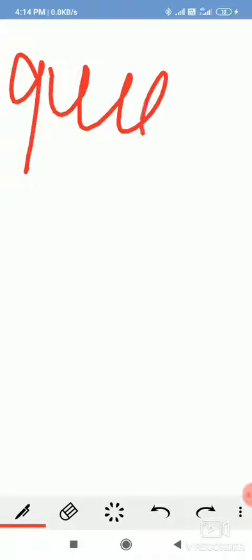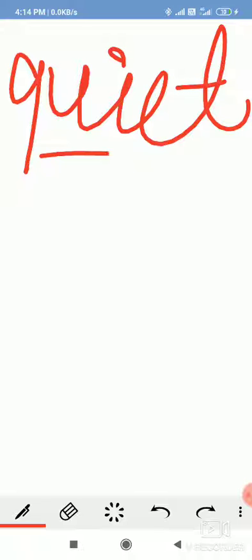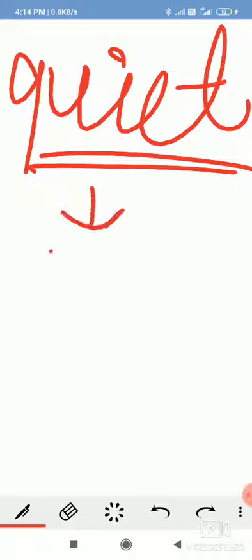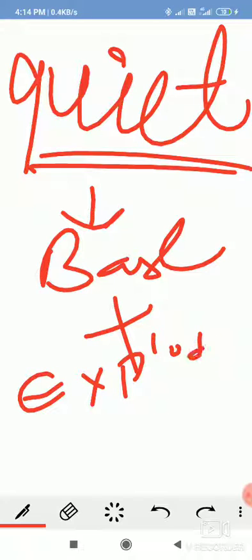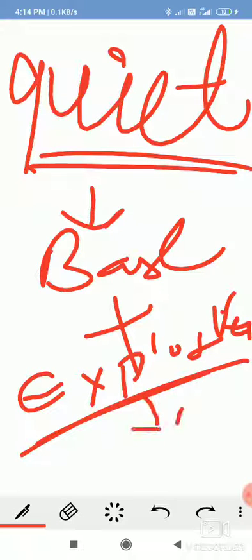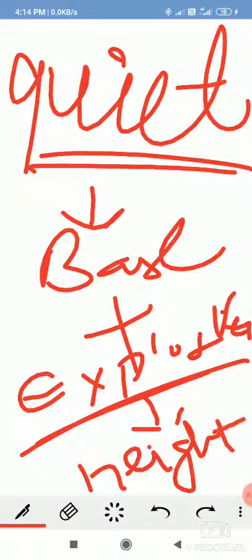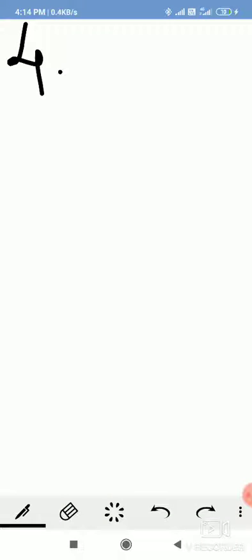These have characters of both eruptions: quiet, which increases its base, plus explosive, which increases its height, right?